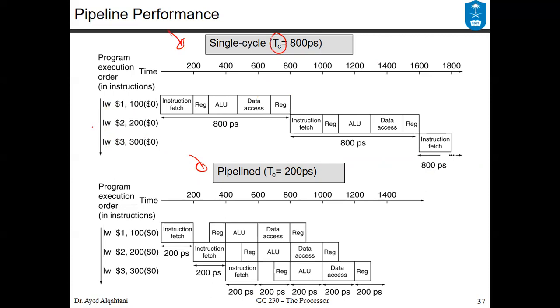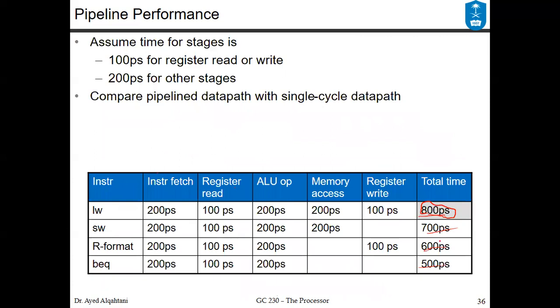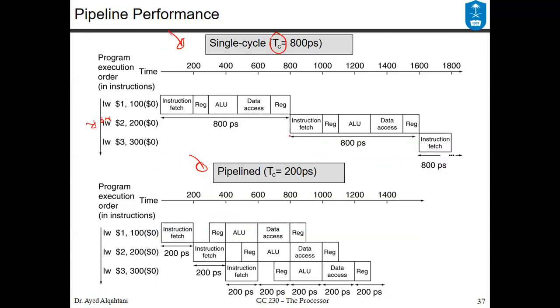So for example, if this one here is a store, and we know that the store takes 700 picosecond, it will spend 700 of the 800 picosecond executing the store word, and then it waits for 100 picosecond, because you want to unify the cycle time for all the instructions. So at this point, we say that the cycle time is the worst case, which is the load. The load instruction took 800 picoseconds.